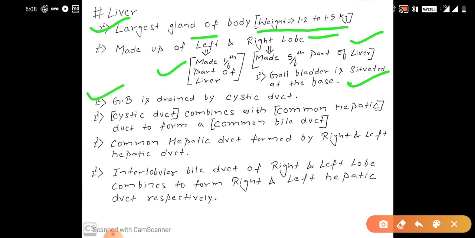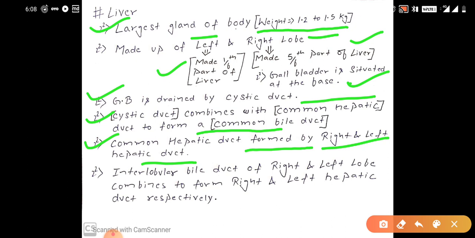Gallbladder is drained by cystic duct, as I told before. Cystic duct combines with common hepatic duct to form a common bile duct. Common hepatic duct formed by right and left hepatic duct. Now the question is how this right and left hepatic duct is formed.